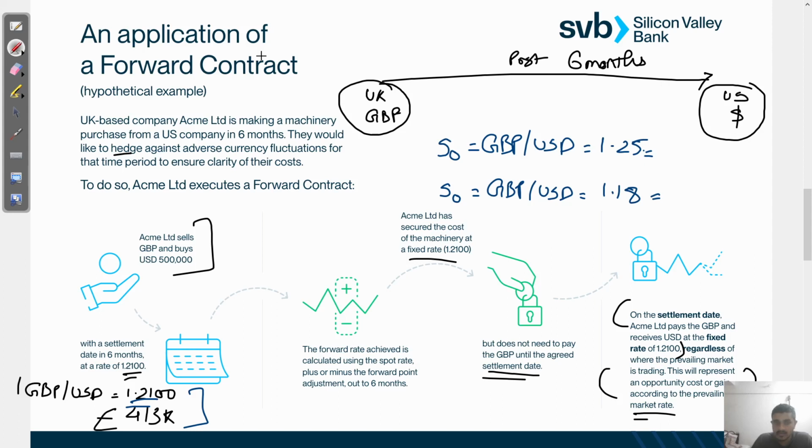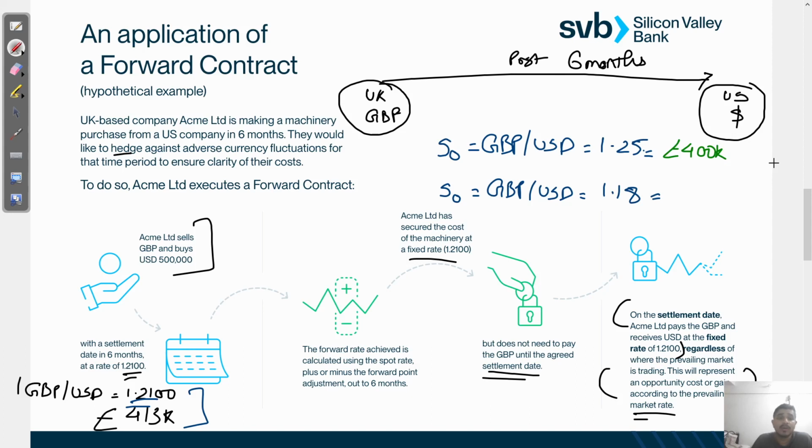It has to pay the US company $500,000, so at 1.25 it would have paid $500,000 divided by 1.25, that is 400,000 pounds.